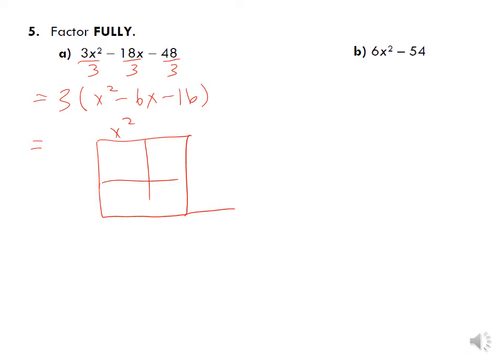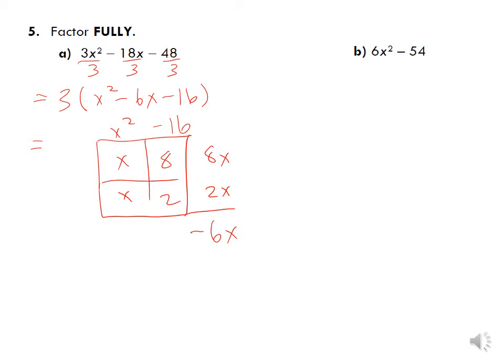Remember, x squared goes there, your last term goes there, and your middle term goes there. Two things multiply to x squared, x and x. Two things that multiply to 16 could be 16 and 1, could be 4 and 4, could be 8 and 2. Let's try 8 and 2.